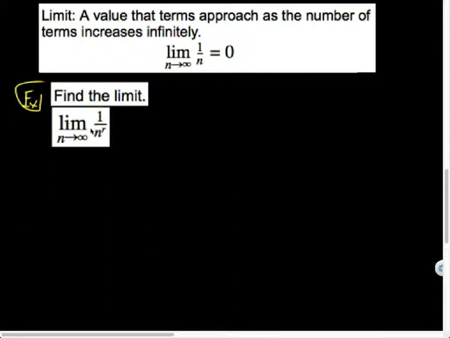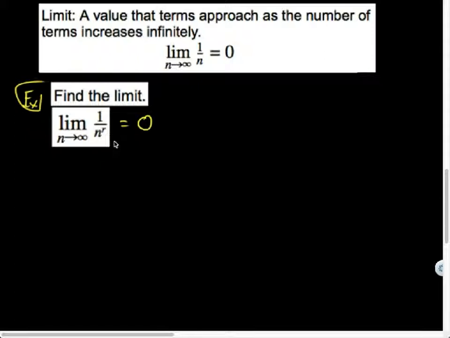So, what are our thoughts about this? What do you think this would approach over time? Yeah, it would approach 0, you're thinking? Do you guys agree? Would that be true for every value of r?